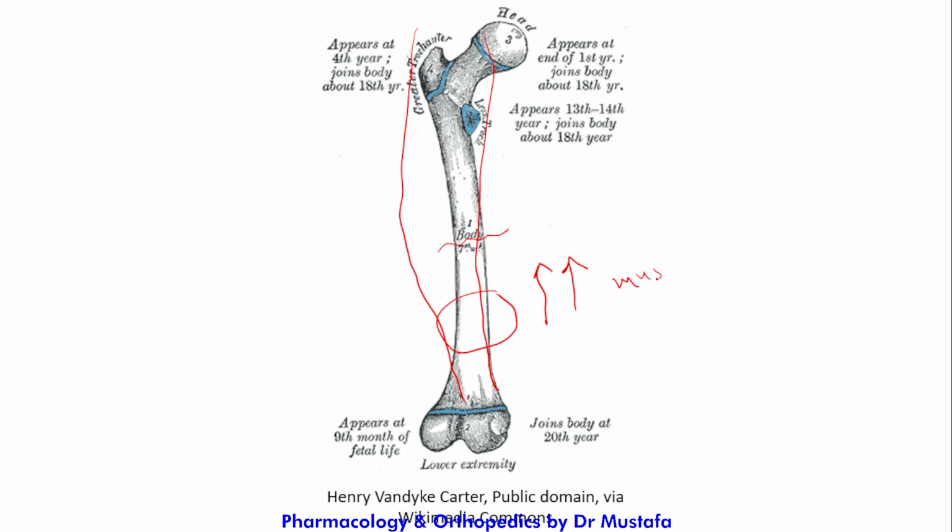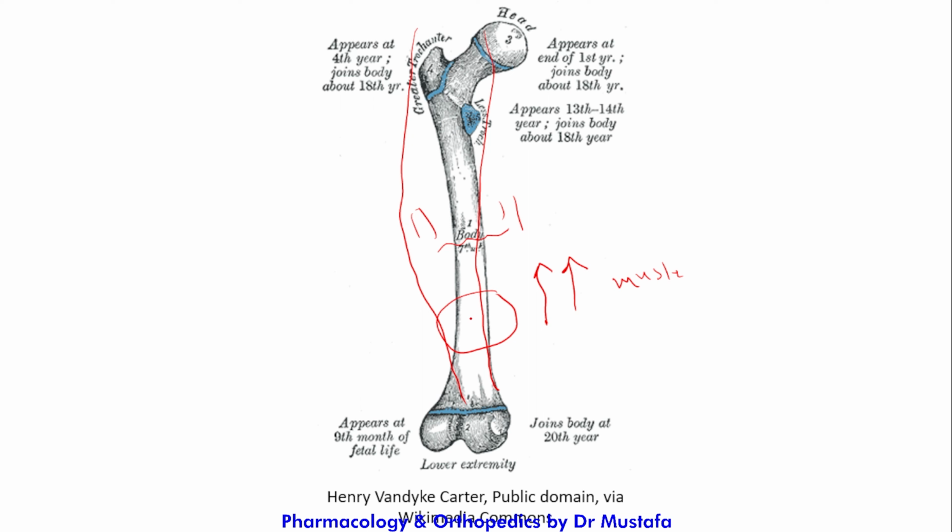That's the muscle pull. This will make the fragment hurt the soft tissues here and also here, leading to the patient being in pain and also leading to the vessels and nerves maybe being injured.